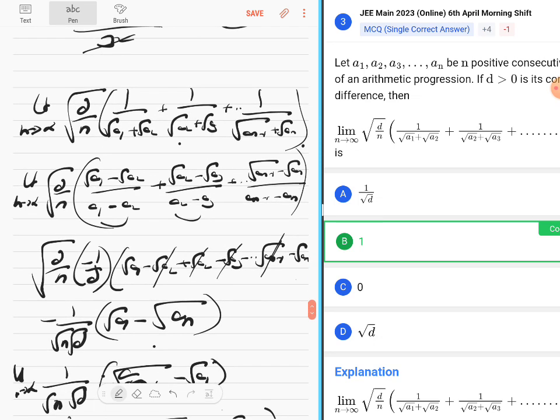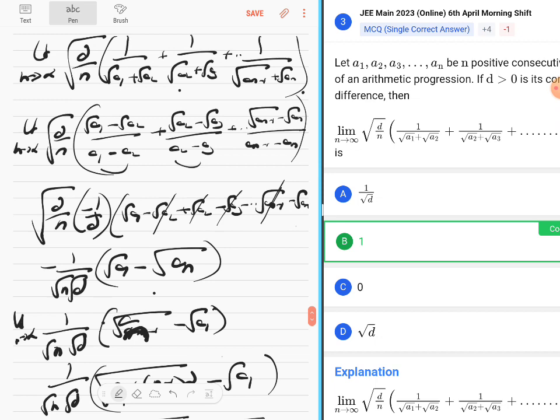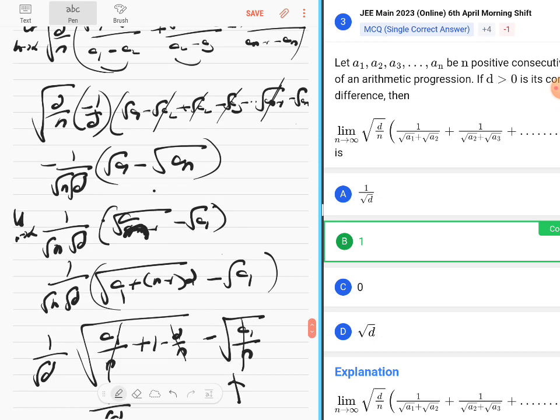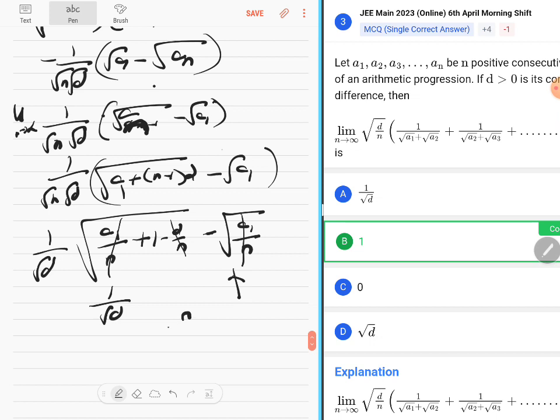Rationalizing, writing it as common difference minus d, and you have root of a1 minus, which can be switched, a1 plus n minus 1 into d. So when you bring the n inside the root, a1 by n minus n by n minus d by n.